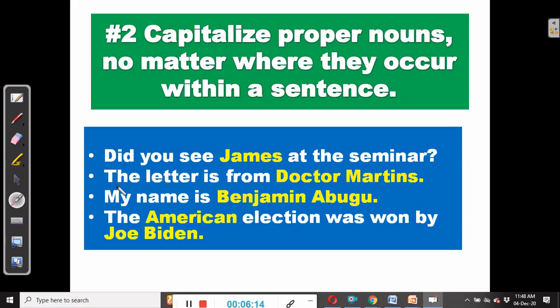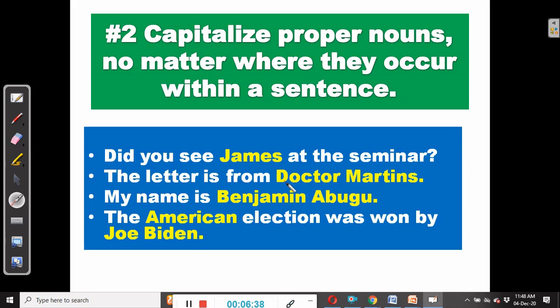Alright, so let's look at the second example. The letter is from Dr. Martins. Again, you see Dr. Martins is the name of a particular doctor. There are many doctors out there, but this is the name of a particular doctor, Dr. Martins. And that's why the name appears in capital letters here.